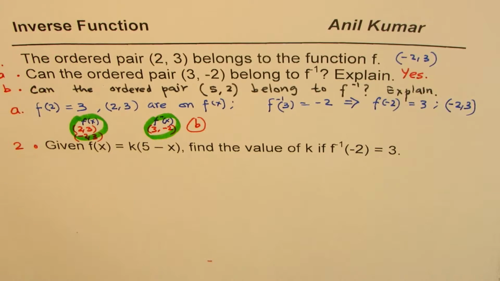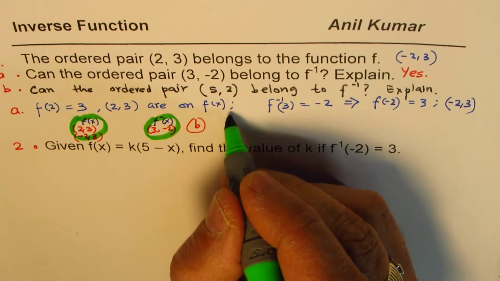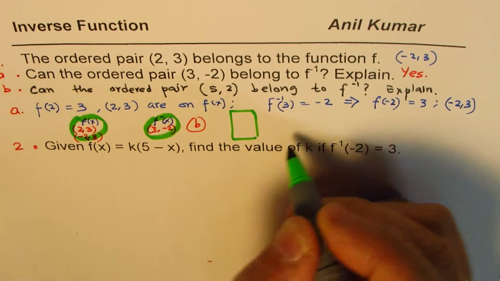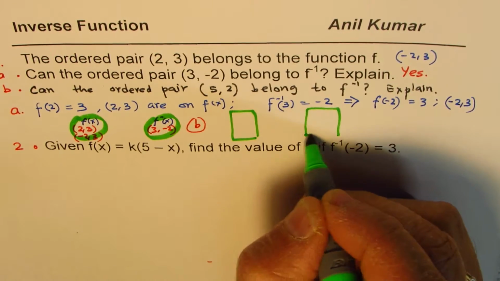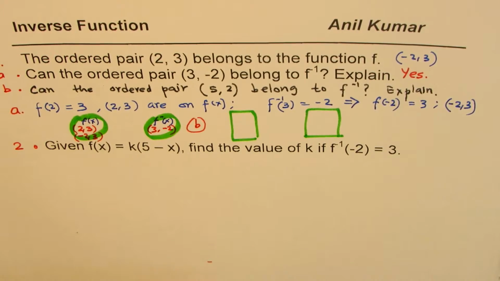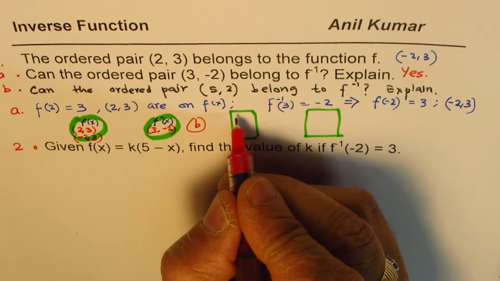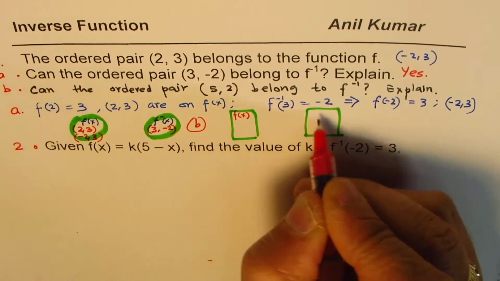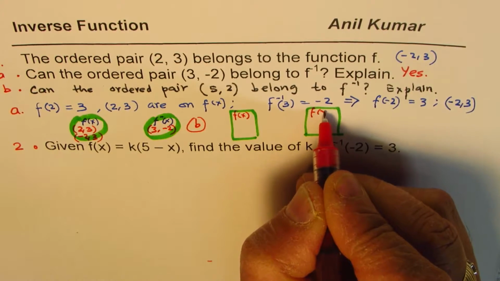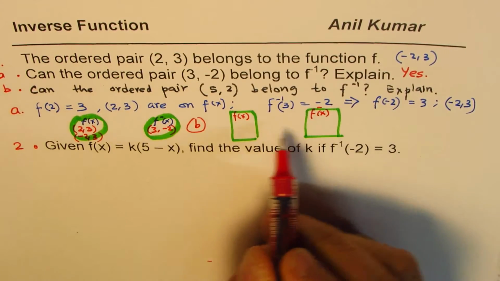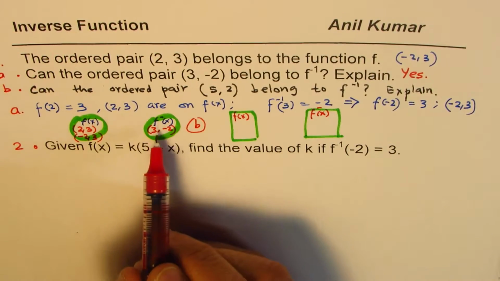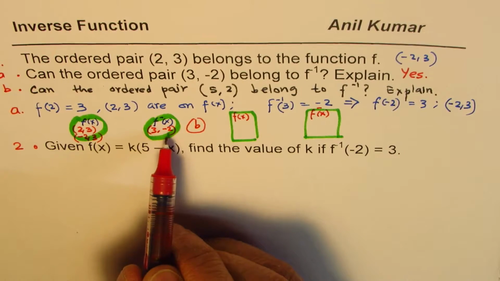Okay, now let's look into part B. We'll go with this approach. So what we have here is our function f(x) and function f inverse x. This is my function f(x) and this is my function f inverse. Now we are not saying inverse is a function. Inverse may not be a function.